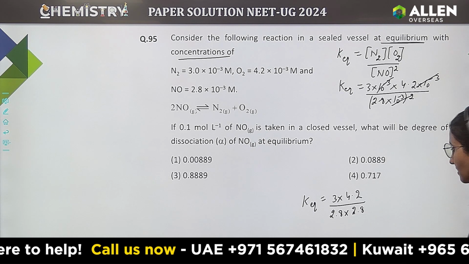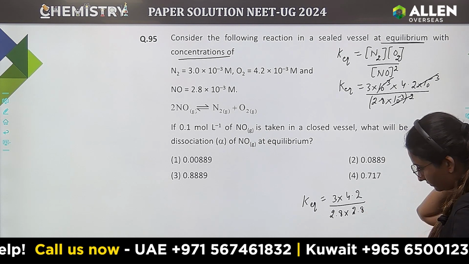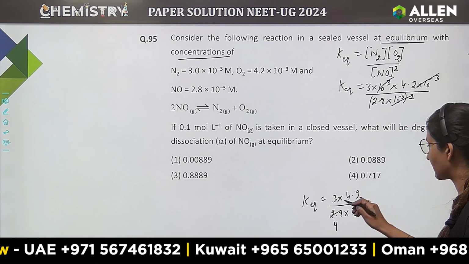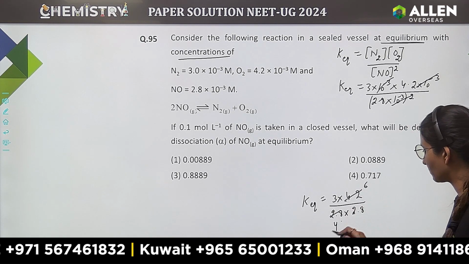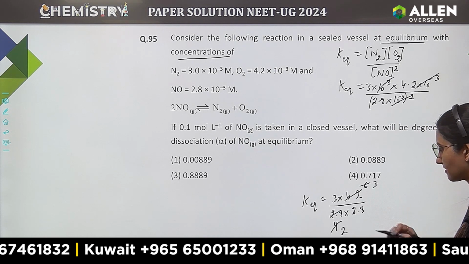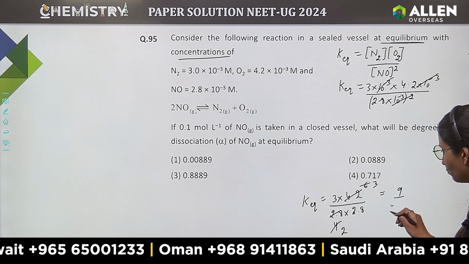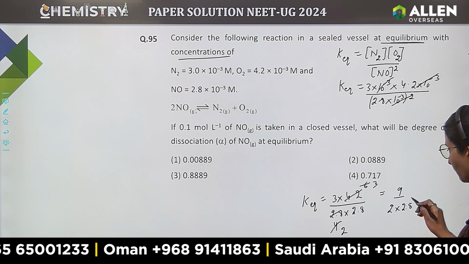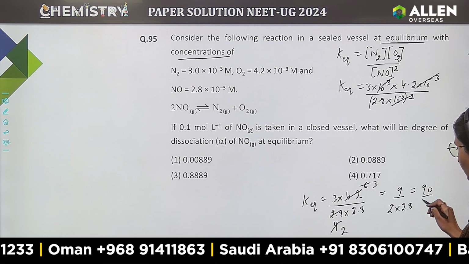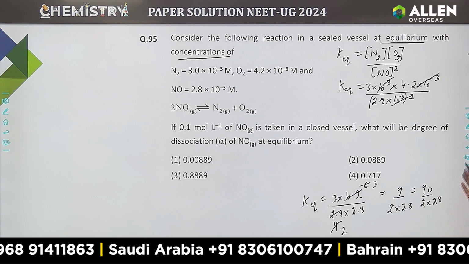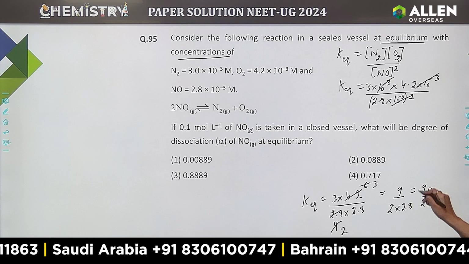So let's do it. 7 4s are 28, decimal also cancelled. 7 6s are 42. 2 2s are 4, 2 3s are 6. 3 3s are 9. 9 by 2 into 2.8, I can write as 9 by 2 into 28. For now I am keeping it like this. Yes, I can solve a bit more, but I am keeping it like this, K equilibrium.